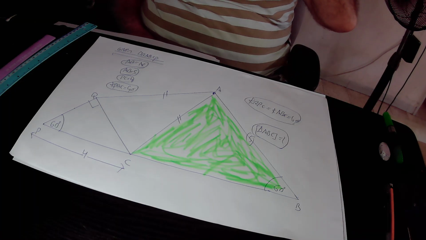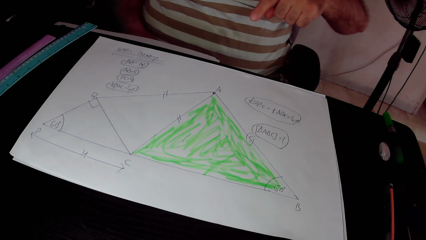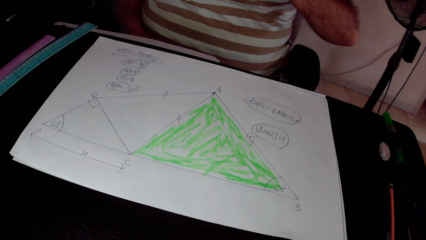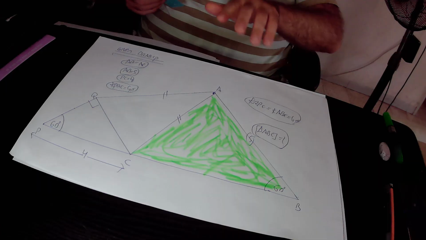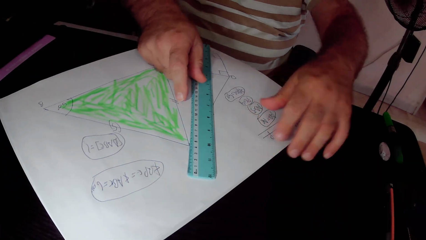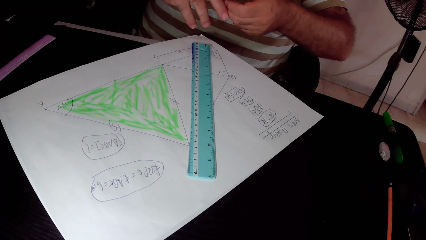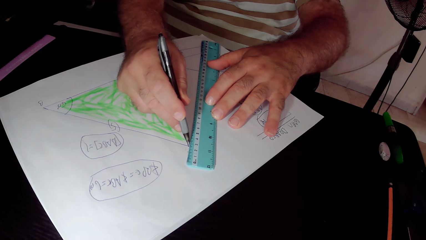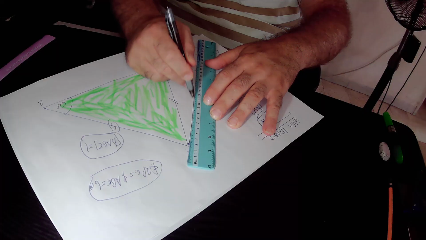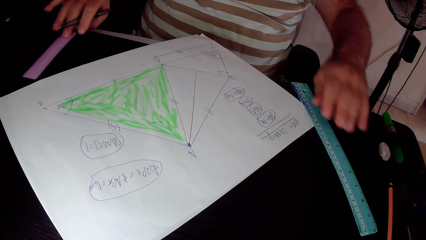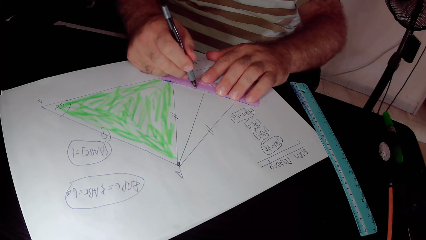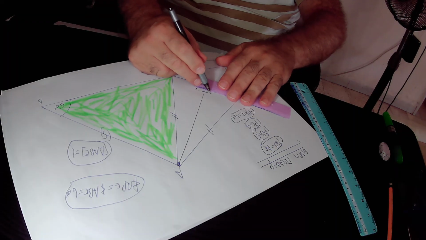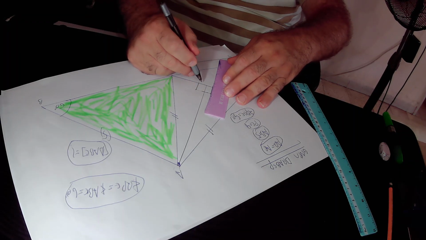So, in the first step, we draw a perpendicular from point A to QC. So actually, this angle equals 90 degrees, and this angle also equals 90 degrees according to our construction.